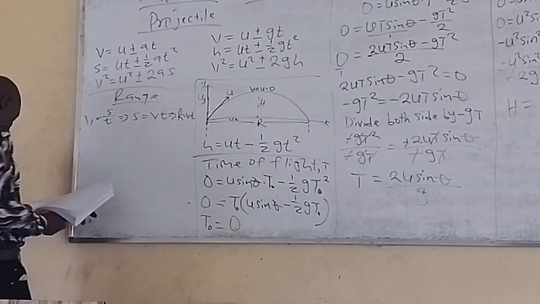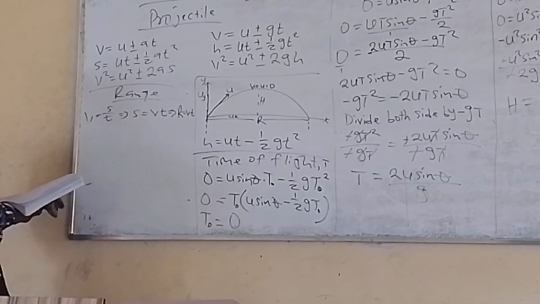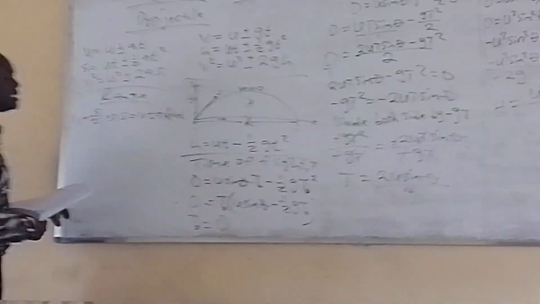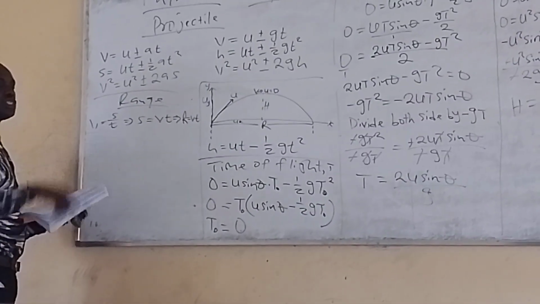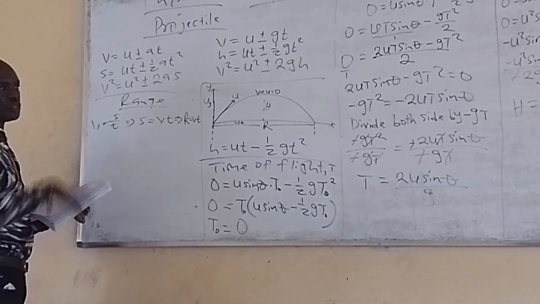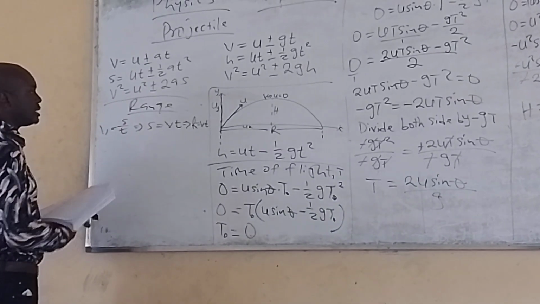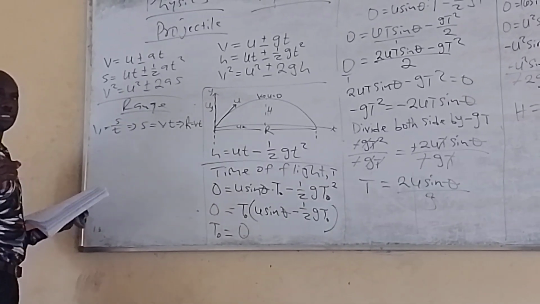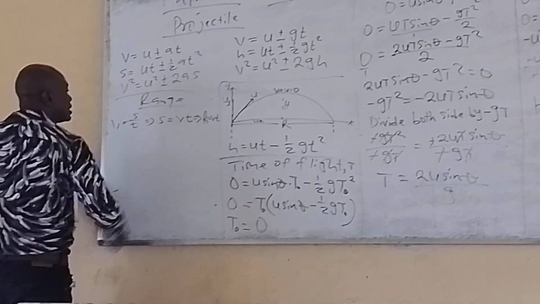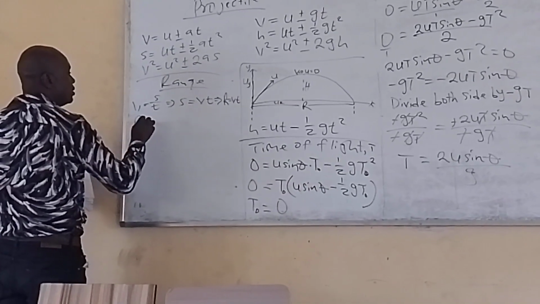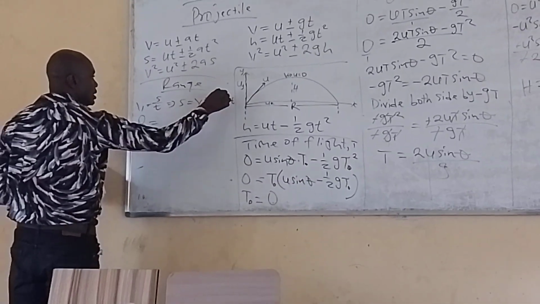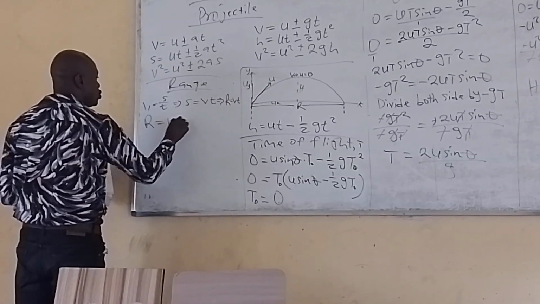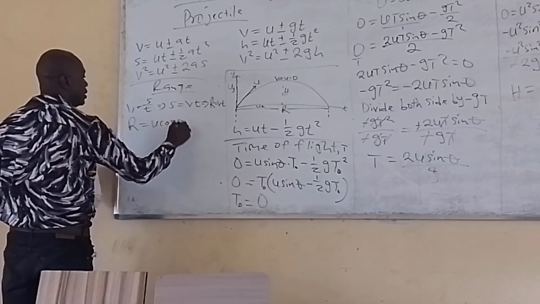But because we are talking about range, which is the horizontal distance, we are going to use that resolution of vector, the one that says cos theta, because that's the one that resolves towards the horizontal. You remember, right? Good. So in that case now, I have r equals what? This v is going to be u cos theta times t.